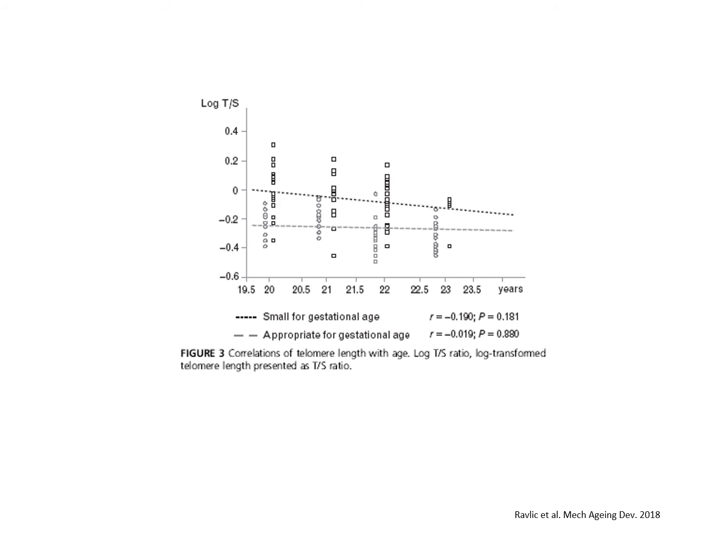You can see that they do have longer telomeres, but even in this short period of time of only 3 years, you can see that the dynamic of telomere loss is greater in those who were born prematurely, meaning that they are losing their telomeres faster.